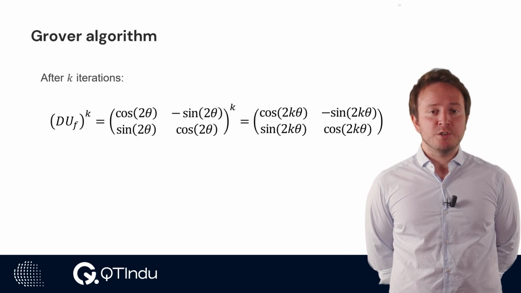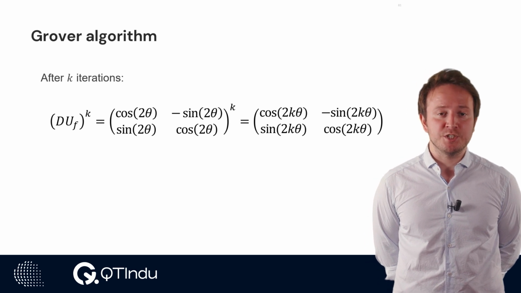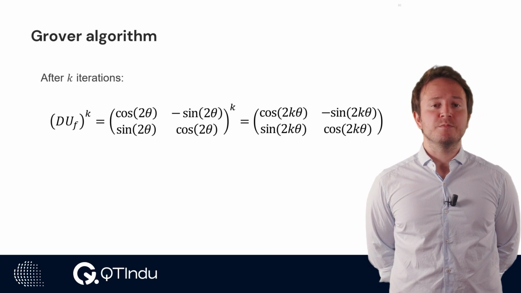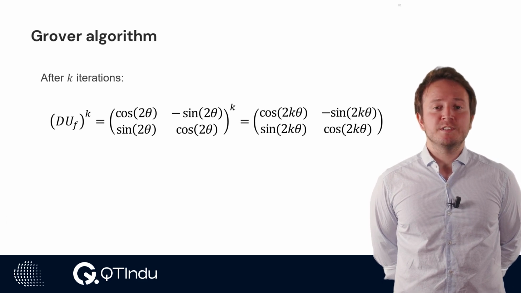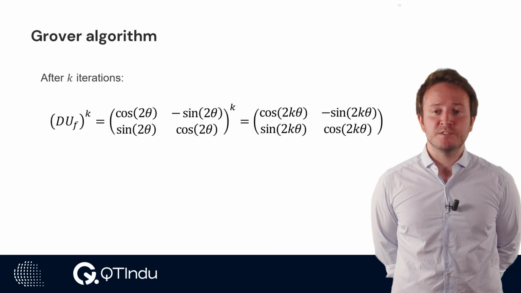This also gives a very neat way of interpreting what happens after k iterations of the Grover algorithm, of the Grover step. Because after k iterations, essentially what we do is apply the rotation matrix k times on these states.